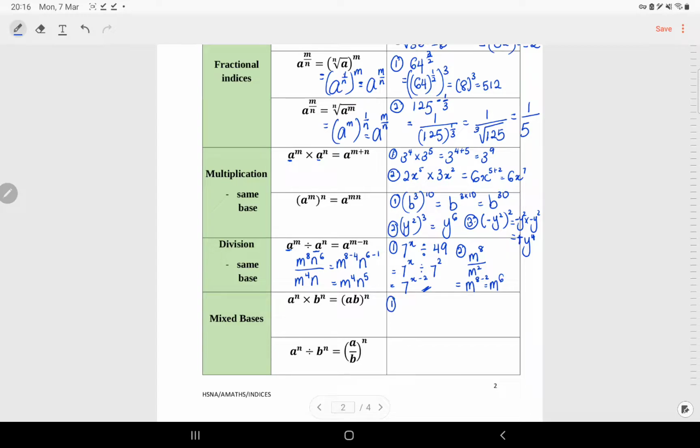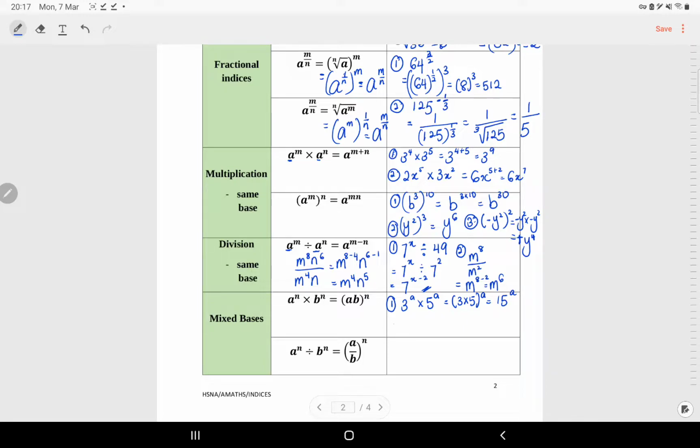So example 1, say you're given 3 to the power a times 5 to the power a. It has the same power but different base. So you can write that as 3 times 5, you multiply the constant and it has the same power a. So 3 times 5, so you say 15 to the power a.